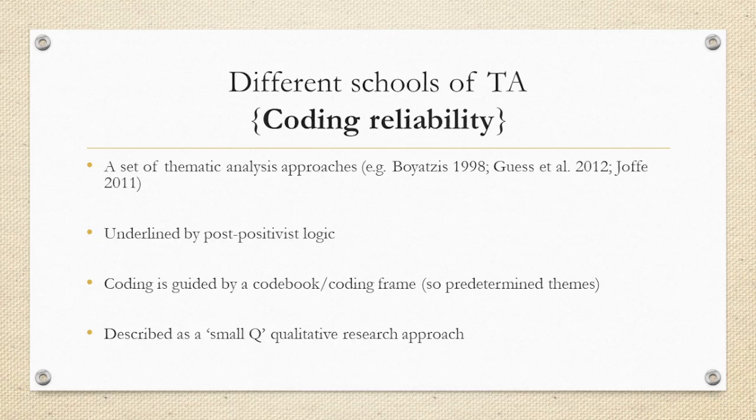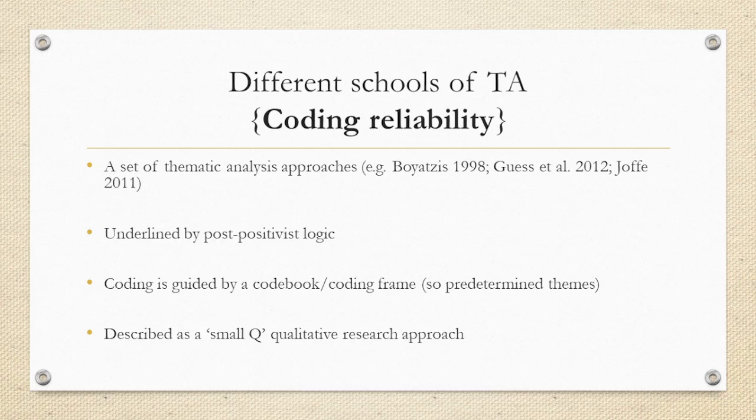There is typically an underlying positivist logic behind their processes, and you can read more about positivist logic in a different session, but I thought about using Wikipedia to give you an idea about what post-positivism means. It's a philosophical stance that critiques and refines positivism, particularly in social sciences and research methodologies.